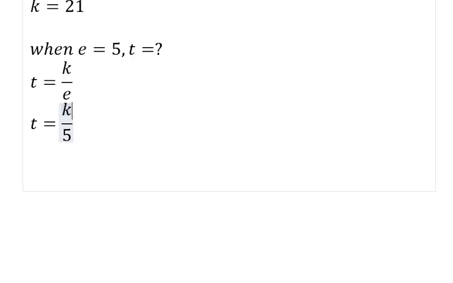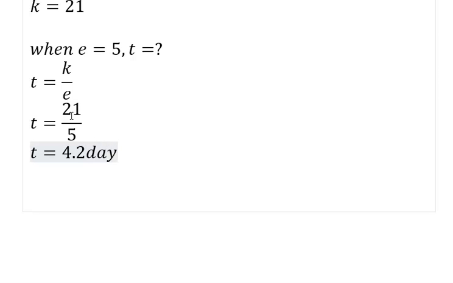We know our K already to be 21, and we are looking for T. Just bring out your calculator and punch. 21 divided by 5 will give you what? 4.2. Since we are talking about how long, and the question has been putting it in days for us, it will be 4.2 days.